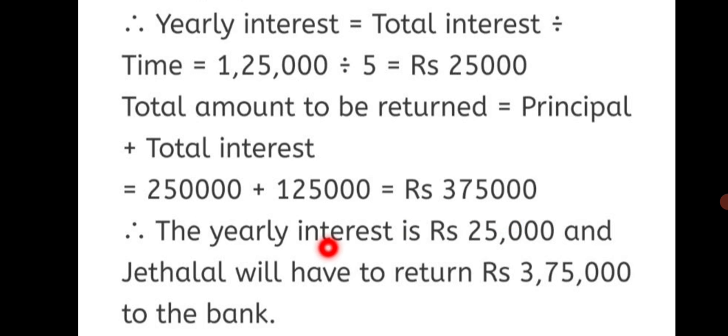So therefore the yearly interest is rupees 25,000 and Jethalal will have to return rupees 3,75,000 to the bank. So I hope you understood this sum. Here we have to find the yearly interest. For that we divide the total interest by 5. And then we add the 5 years interest to the principal to find the total amount that he has to repay to the bank. Okay.